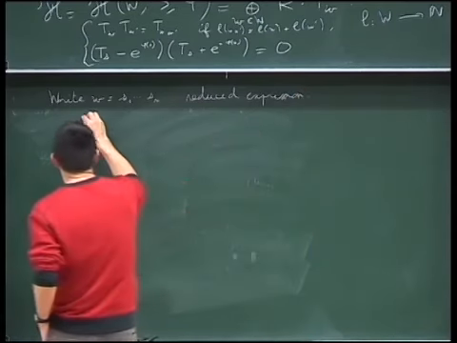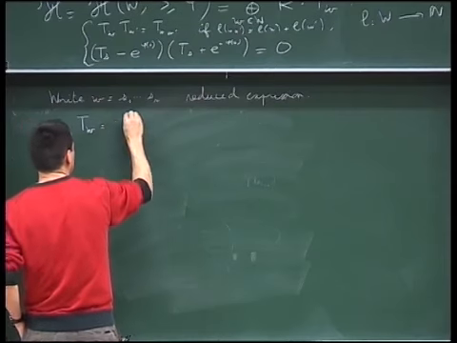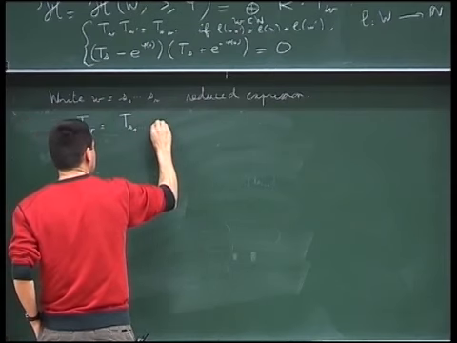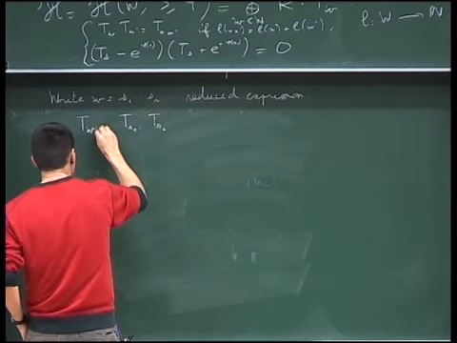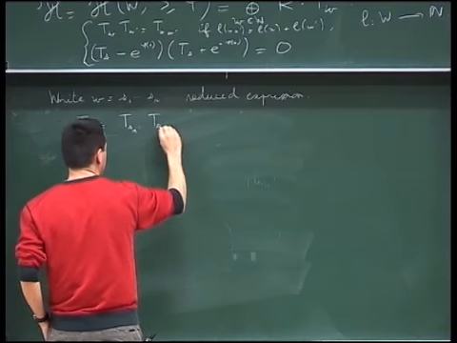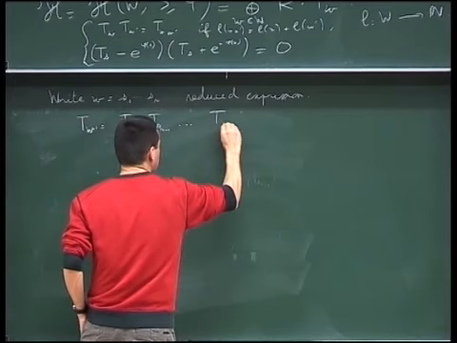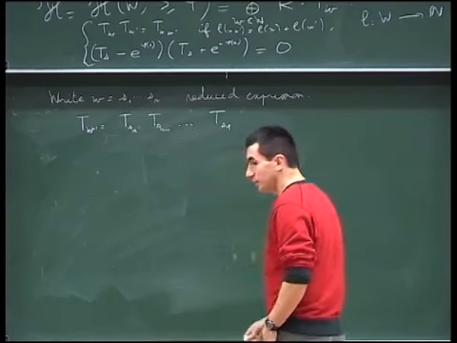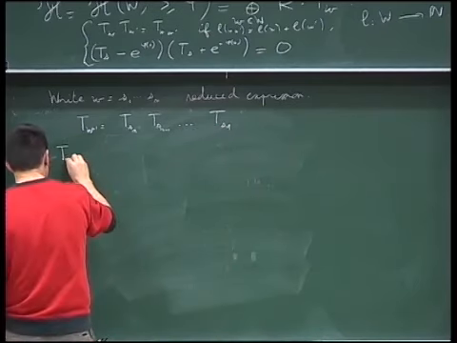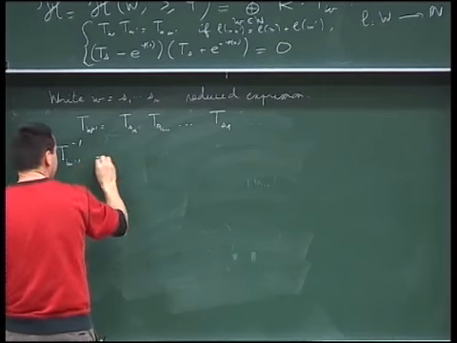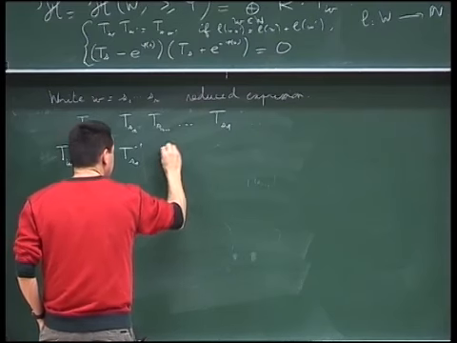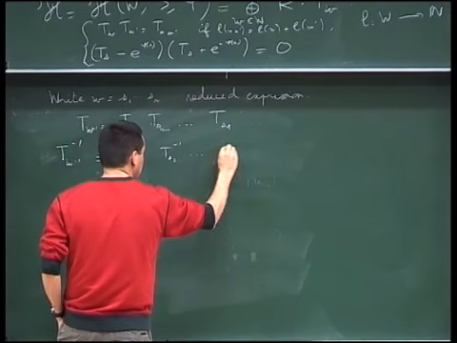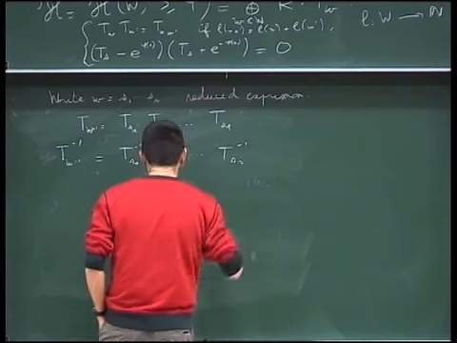And then TW is equal to TS1, TS2, and so on. In fact, TW inverse is TSR, TSR minus 1, up to TS1. And TW inverse, W inverse inverse, is just TS1 inverse, TS2 inverse, up to TSR inverse.